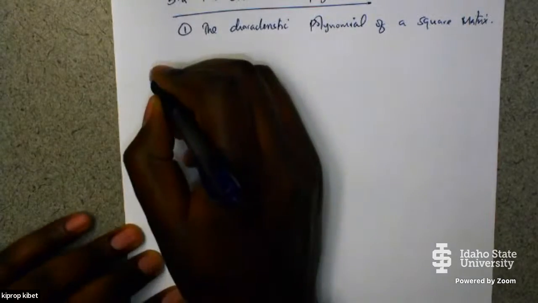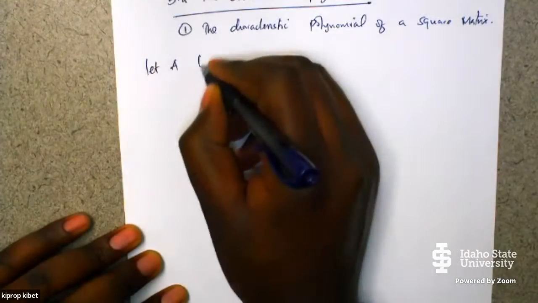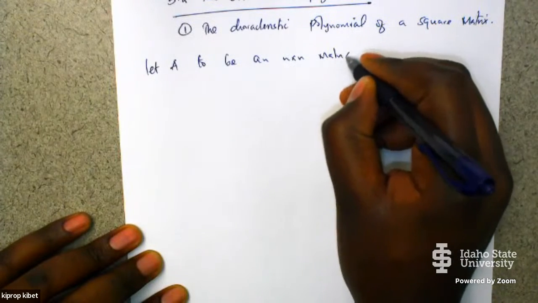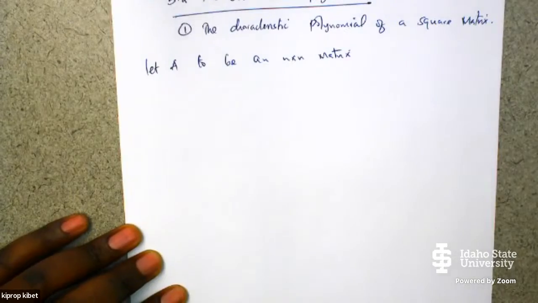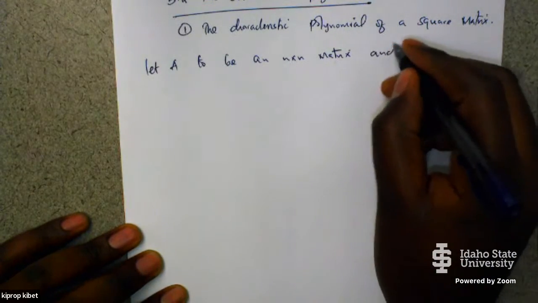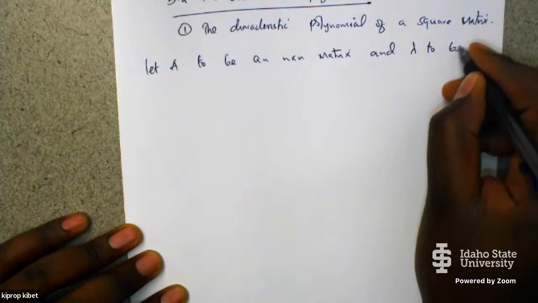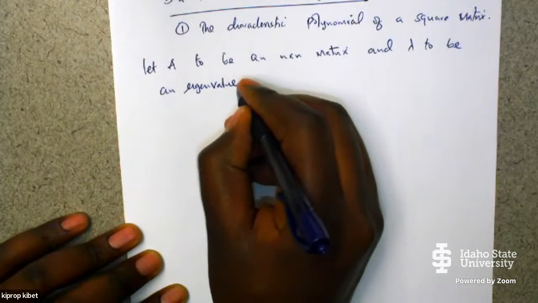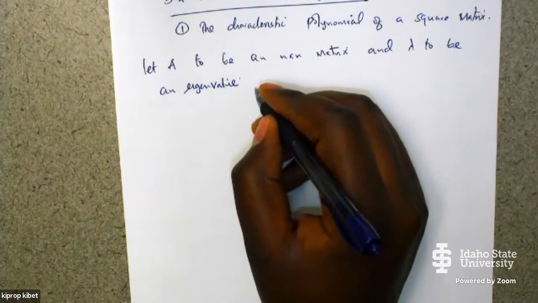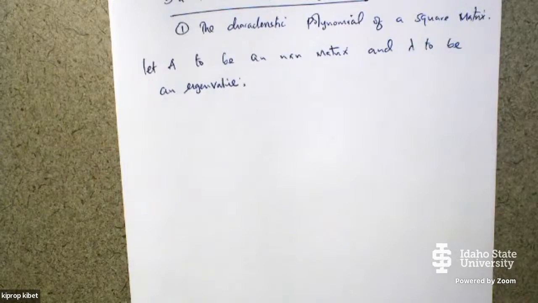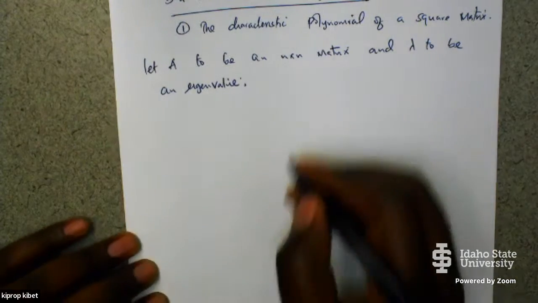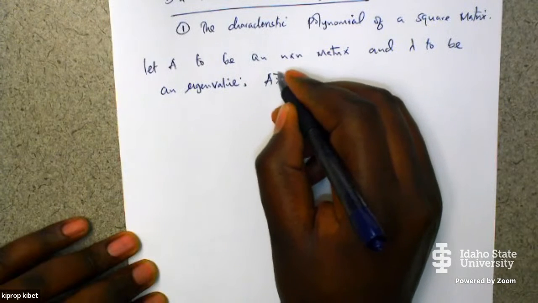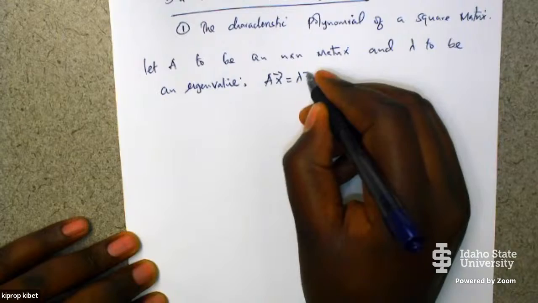Here we can let A be an n by n matrix, and lambda be an eigenvalue. Then, if we remember, we said Ax equals lambda x.